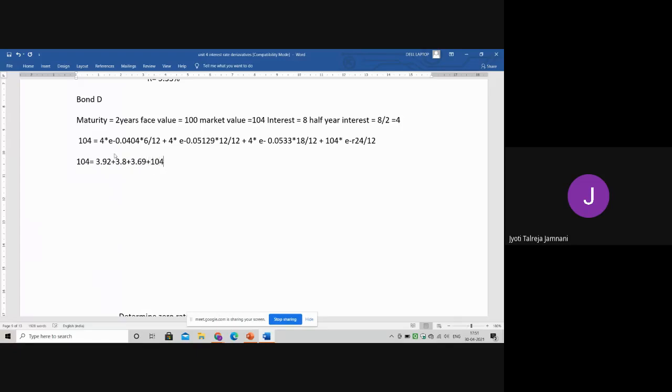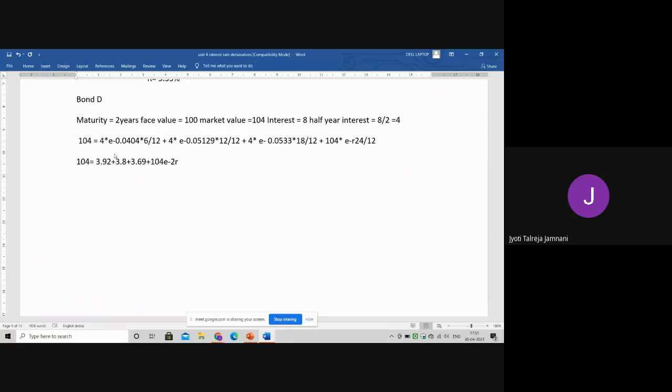Plus 104 into e raised to minus 2r. 12 divided by 24 is 2 years. Now we'll add all these three and take it on the other side.